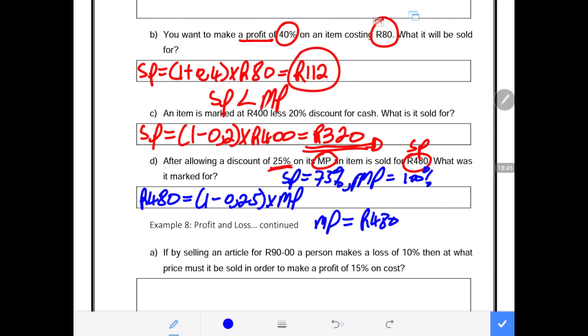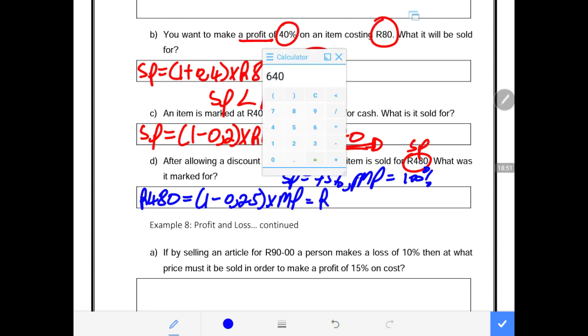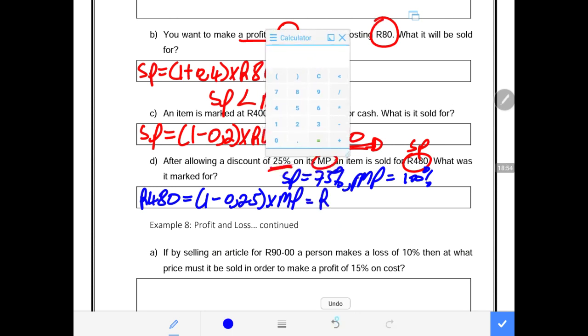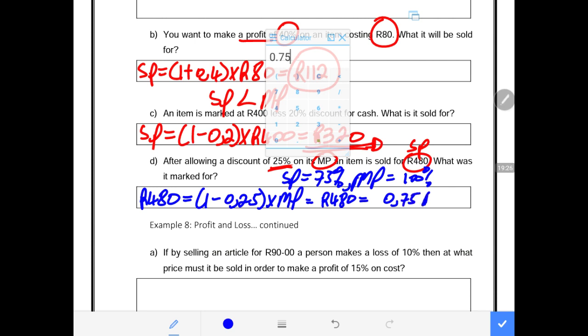Let us check if these figures align with our formulas also. We have 1 minus 0.25 in brackets, times MP. So 480 is equal to 0.75 MP.